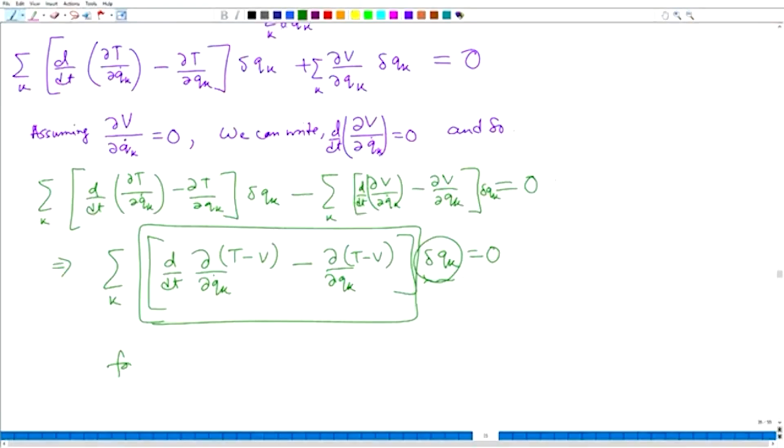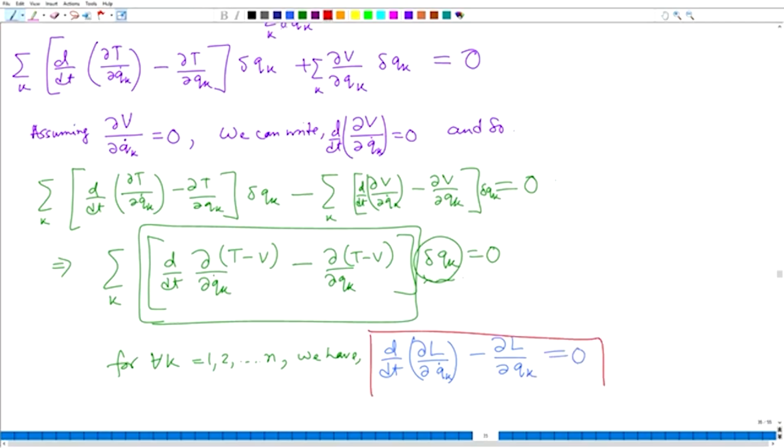And so, for all k running from 1 to n, we have d/dt of del L del q k dot minus del L del q k is equal to 0, where L is given by T minus V, V can be a function of q and t.